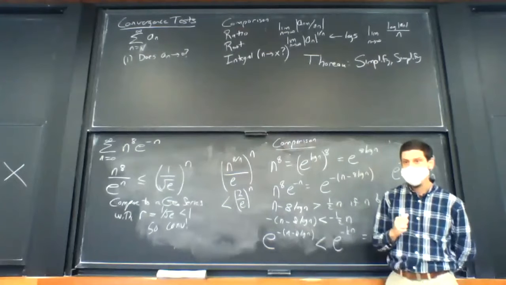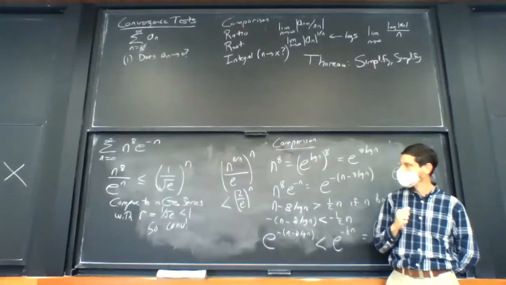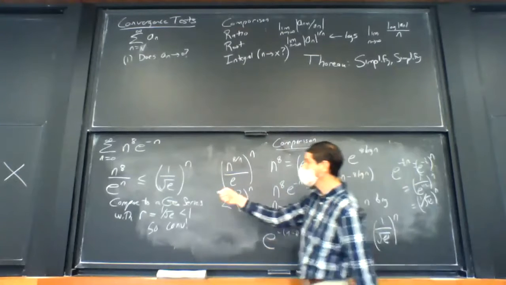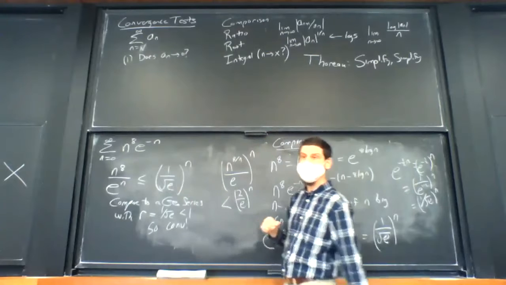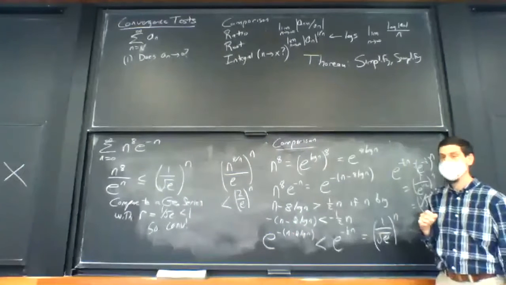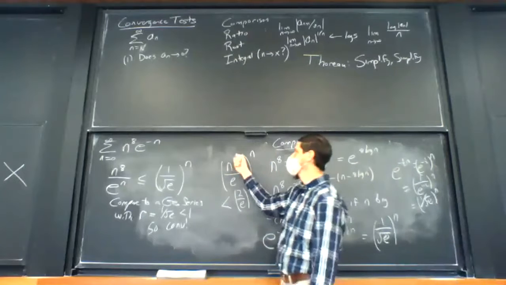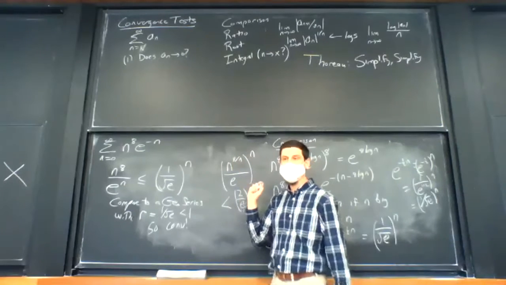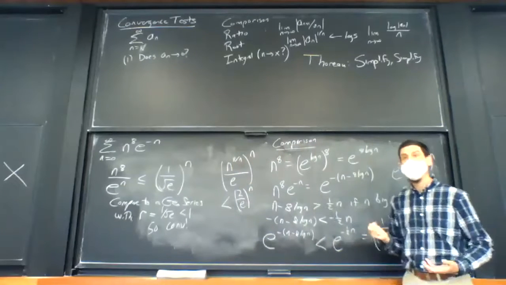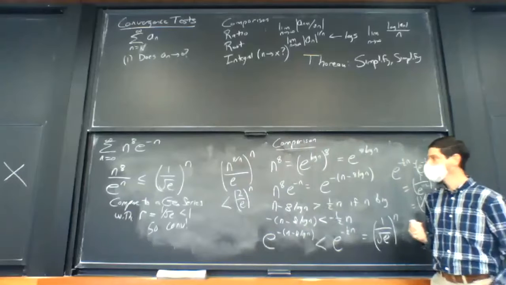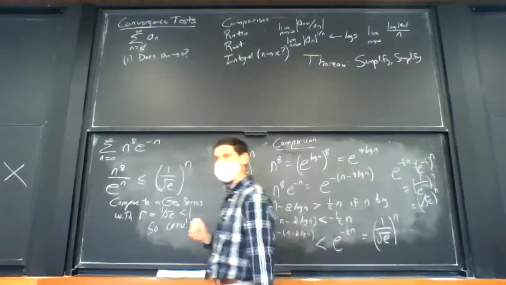So yes, that would be a great comparison test to do. In fact, that would be a better comparison test than this one. It's a little bit easier, a little bit cleaner. But you now have to use the fact that n to the 8 over n goes to 1, so eventually it's less than 2. But we know that. And so using that, that would be a faster comparison test.